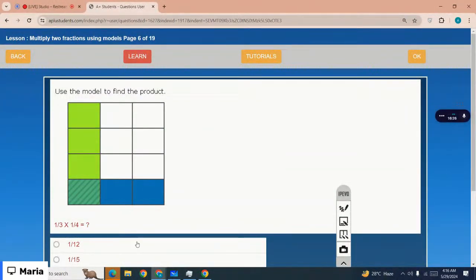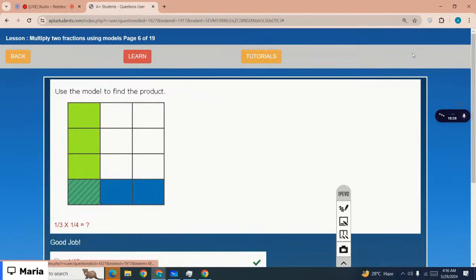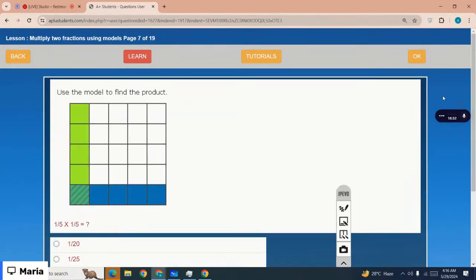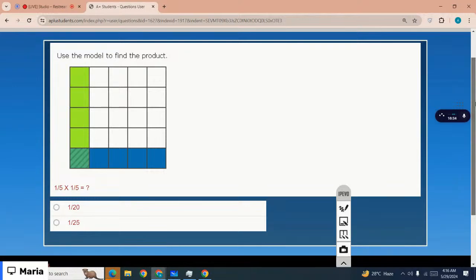Yes, that is 1 by 12. Option number 1 is the correct option. Use the model to find the product.